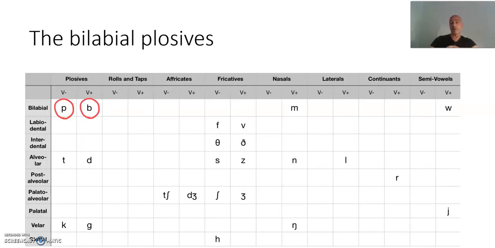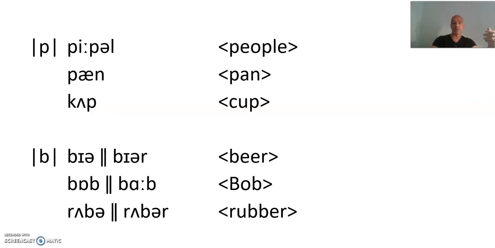Let's start with p and b. I've told that, but with the bilabial, voiced and voiceless plosives, and usually, I mean, they don't produce much of a problem for most speakers, since they exist in most languages. Okay, in words like, I mean, usually spelled with a p. Okay, in words like, I don't know, people, pan or cup.